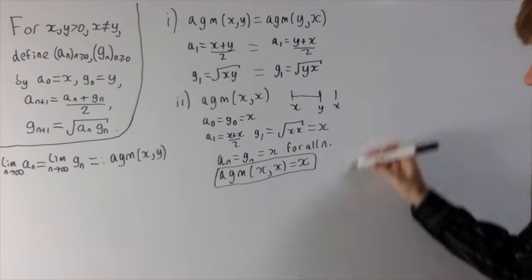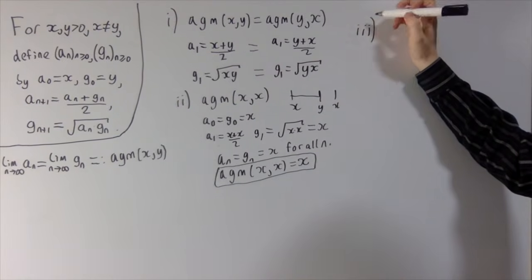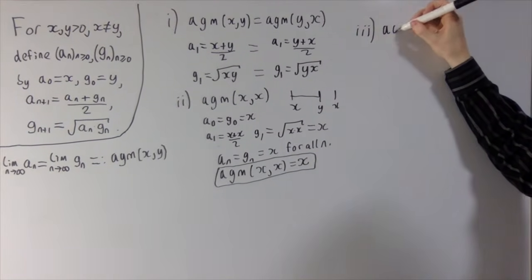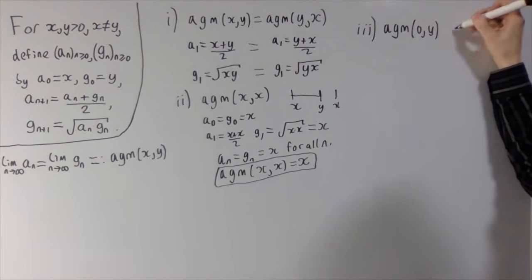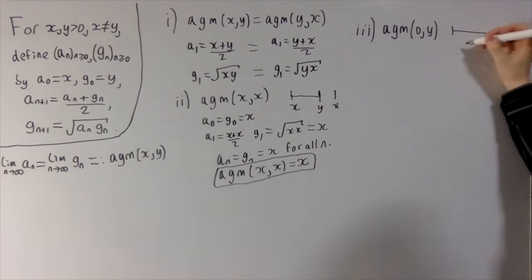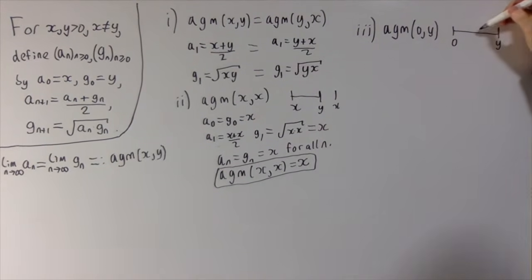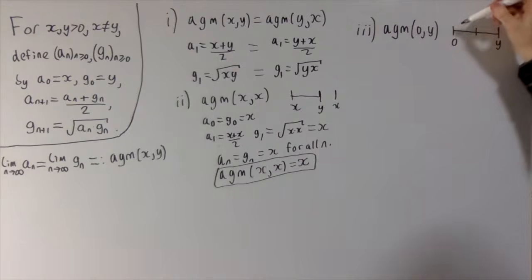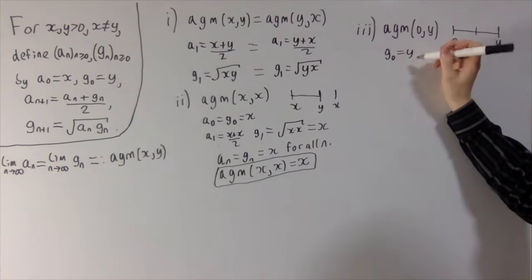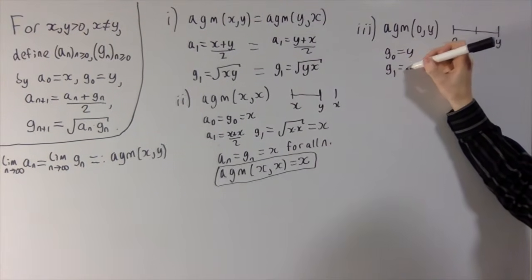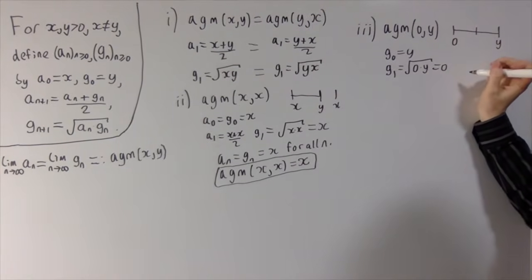If you have any sort of mean of a number and itself, you should get that number back. So another property we'll have a look at, again, try and extend the definition a little bit here. What would happen if you had the arithmetic-geometric mean of 0 and y? So on our picture here, if you imagine you have 0 and y as your starting point, well, G0 would be y, then G1 would be the square root of 0 times y, which would be 0.